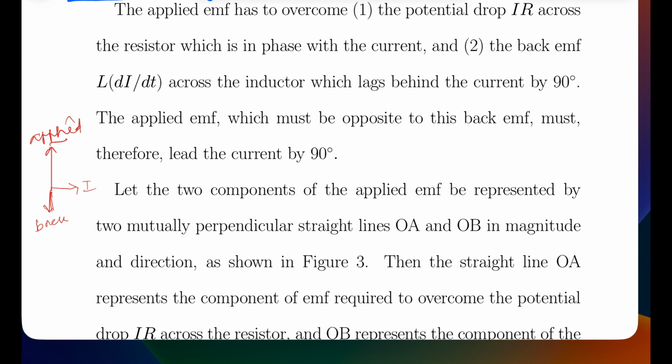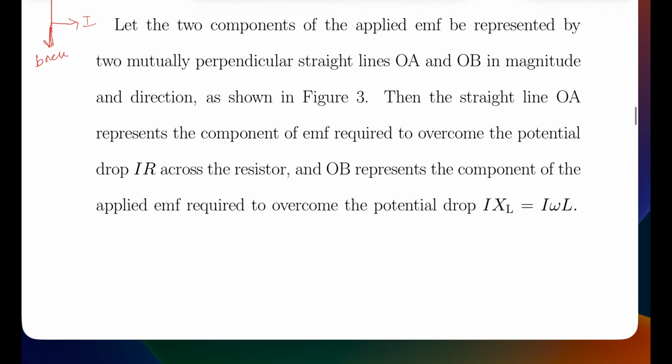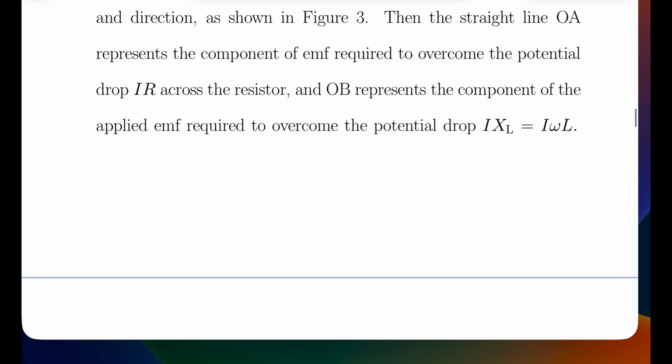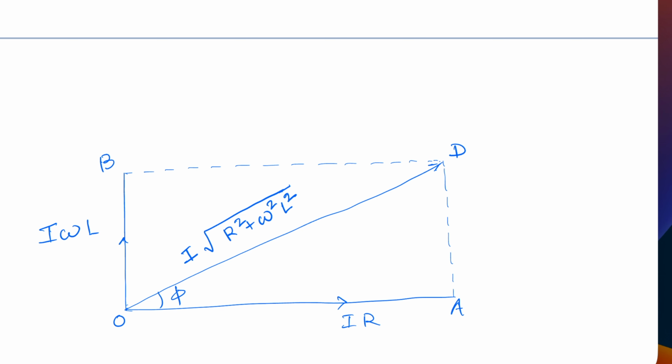मान लीजिए कि दो कंपोनेंट जो हैं अप्लाइड ईएमएफ के, उसको हम रिप्रेजेंट कर रहे हैं दो म्यूचुअली परपेंडिकुलर स्ट्रेट लाइन OA और OB से in magnitude and direction. स्ट्रेट लाइन OA जो है, this represents the voltage that appears across the resistance and the straight line OB represents the potential that appears across the inductor.